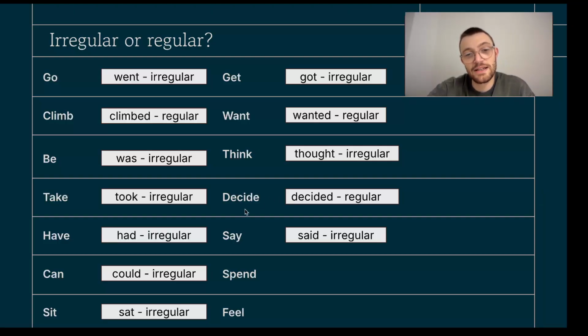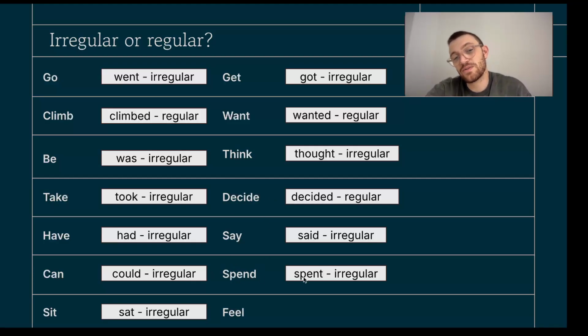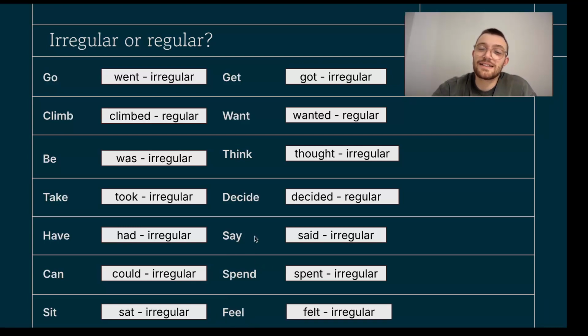Here is a pizza. Spend becomes spent. I spent lots of money and lots of time eating pizzas and hot dogs all by myself. Feel, the last word there, feel becomes felt. I felt very sad after eating pizzas and hot dogs.